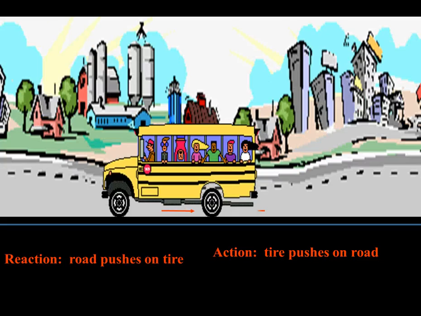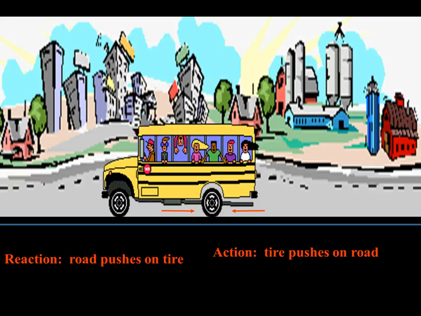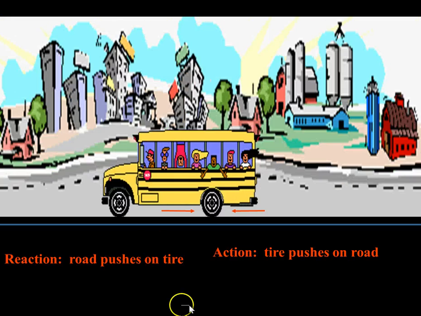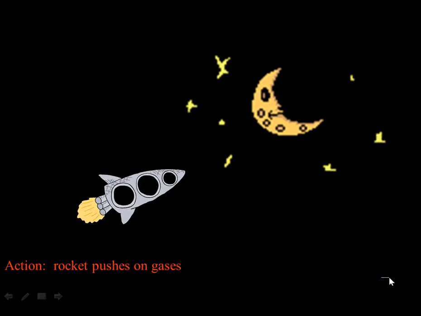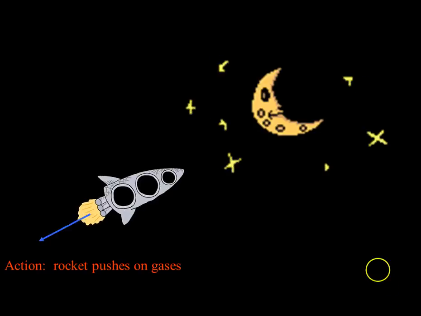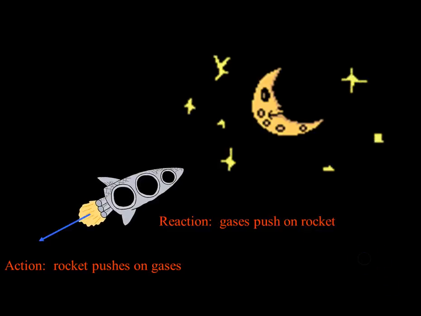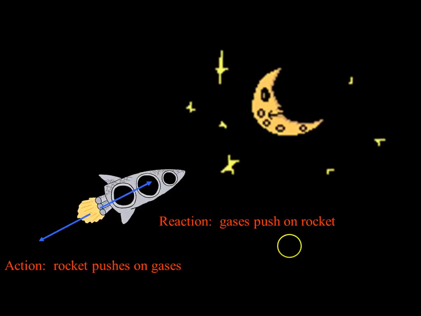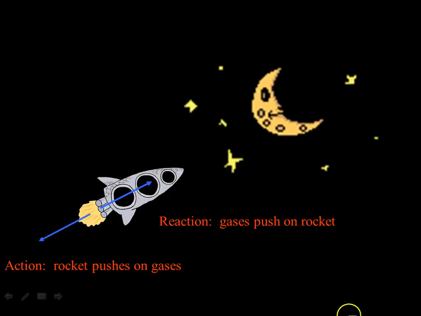The reaction force is that the road pushes on the tires. And the evidence of this is you can see as tires get older the wear and tear on the tires. So the action force here, the rocket pushes on the gases. The reaction force is the gases push on the rocket, propelling it into space.